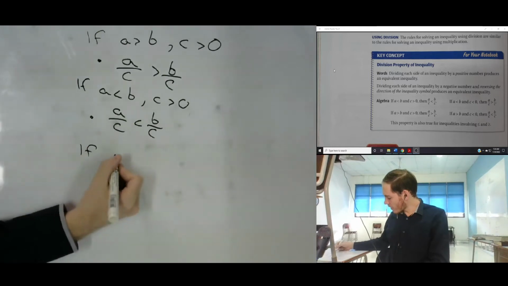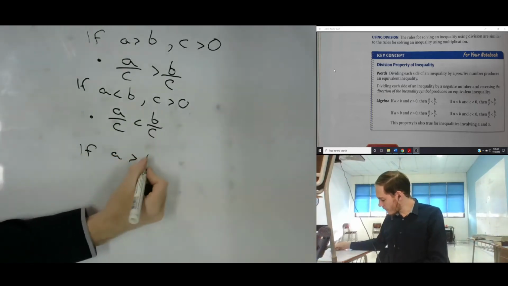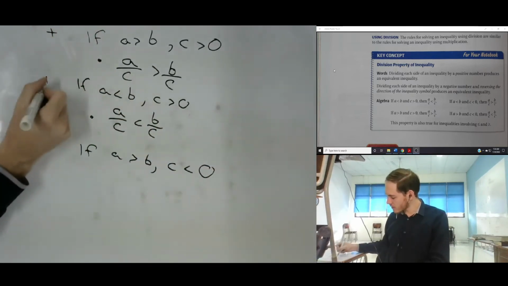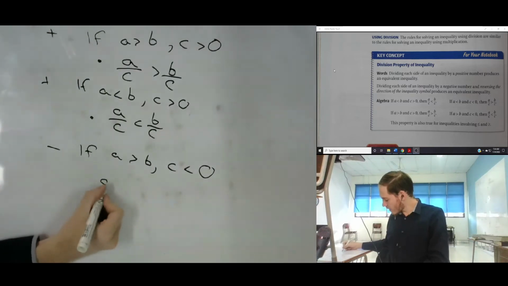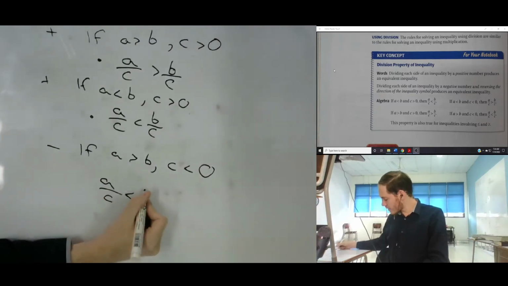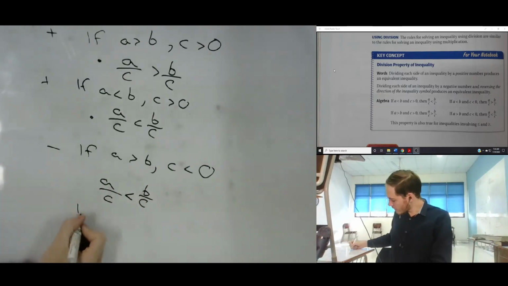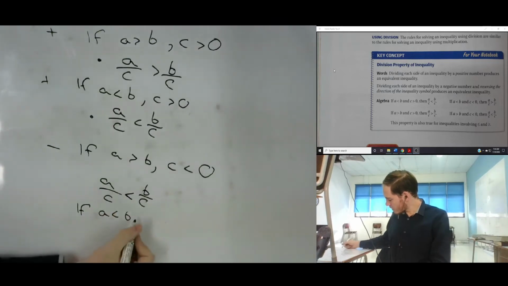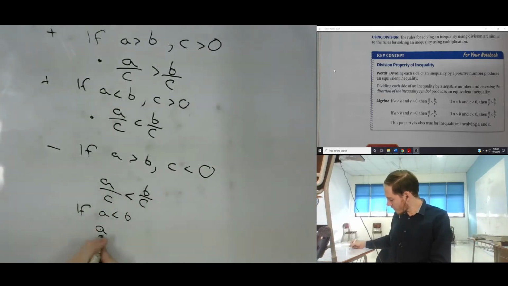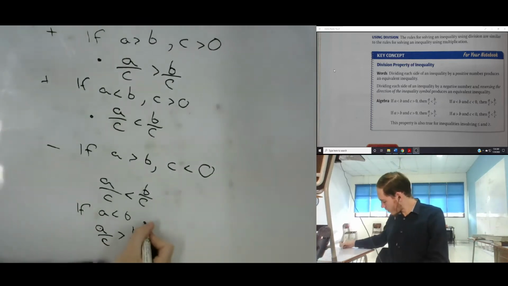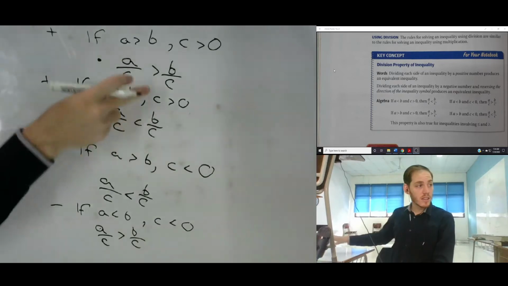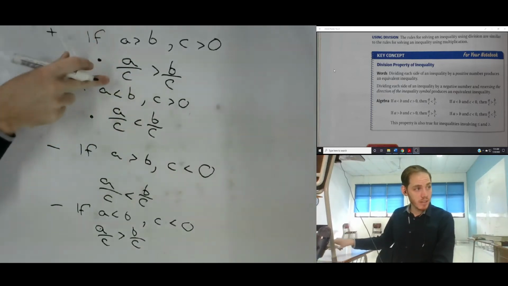What about if A is greater than B, but C is a negative number? This is positives, this is minus. Then A over C is going to be less than B over C. The same thing is true if A is less than B, then A over C is going to be greater than B over C if C is less than 0, so if we have a negative. So with positives, it's the same direction.